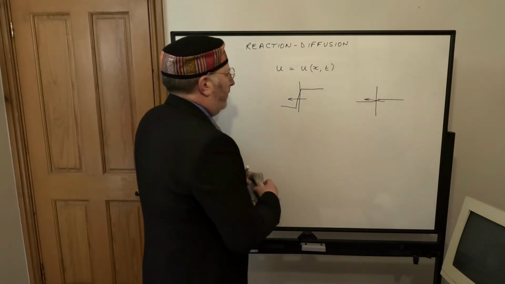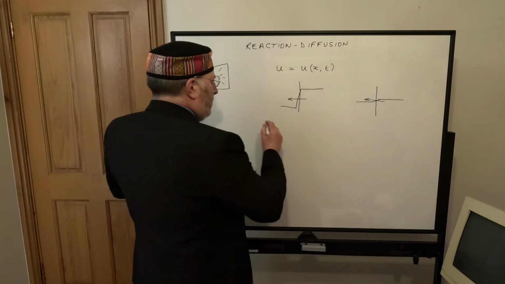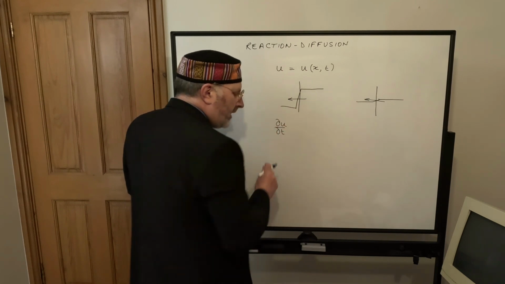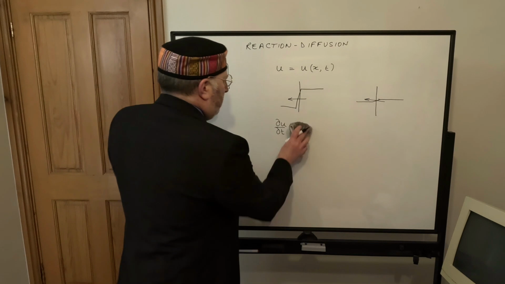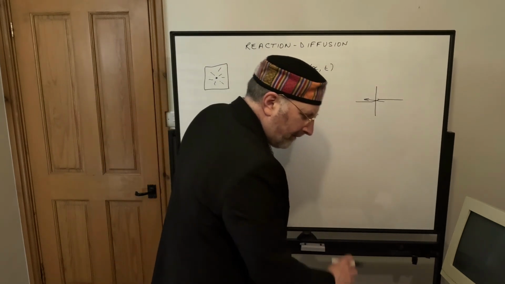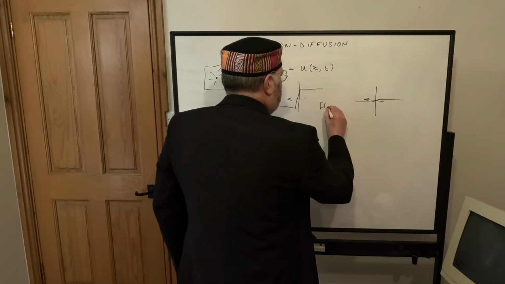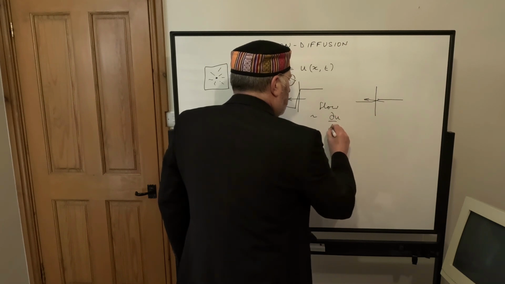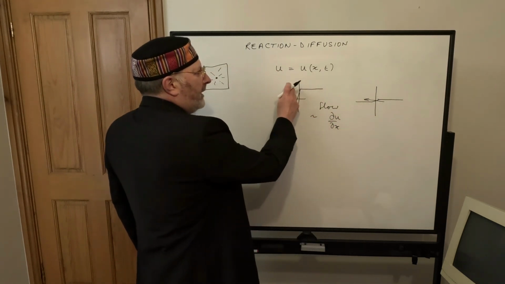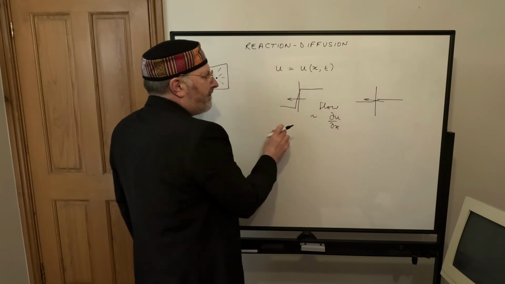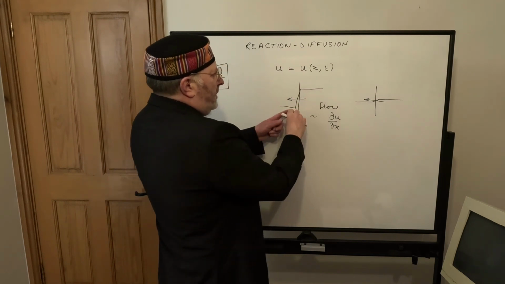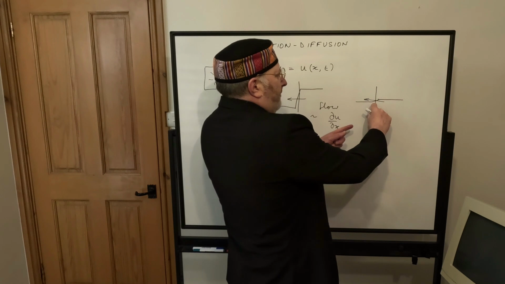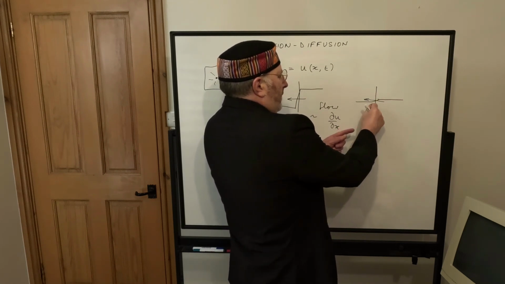So, in other words, what we say is that the flow through the point is proportional to how much the concentration is changing with x. So if it changes a lot in a small x, the flow will be greater than if it changes a small amount in a given x.